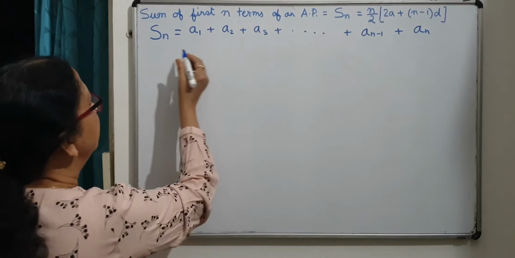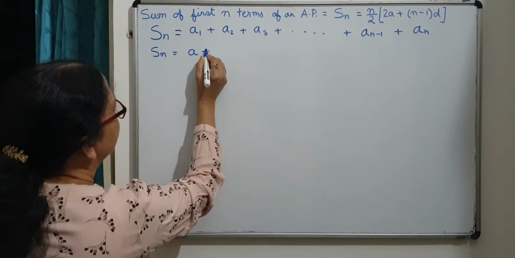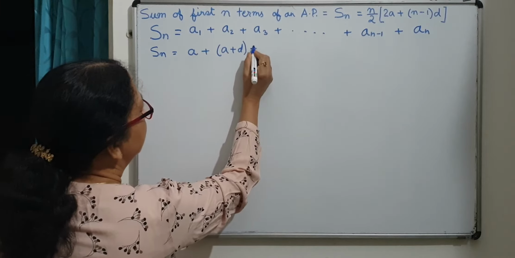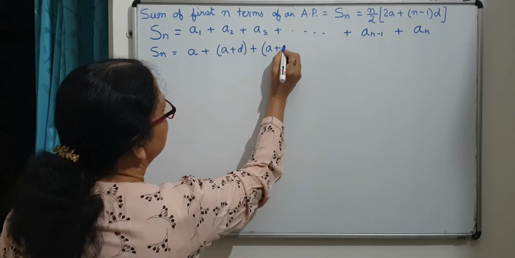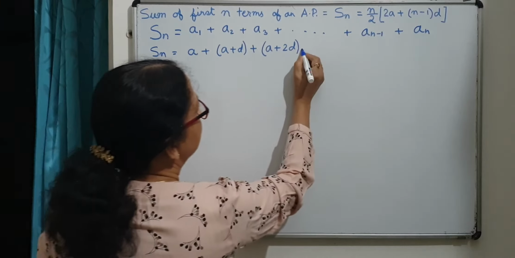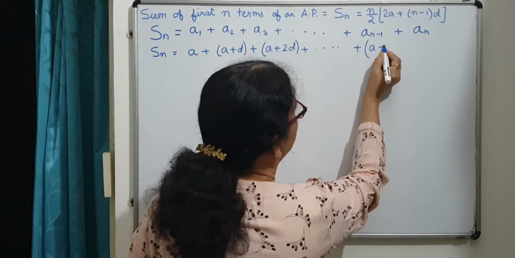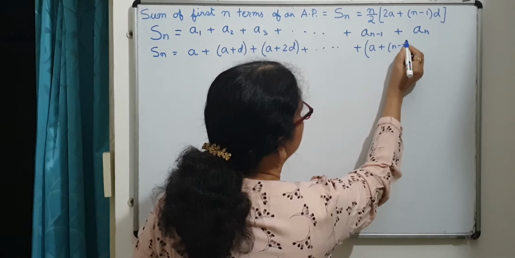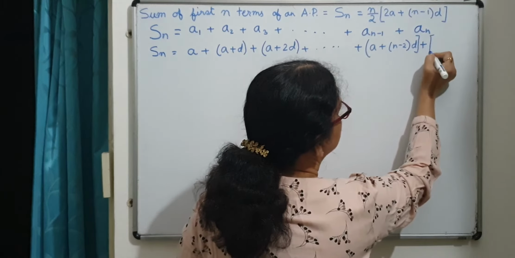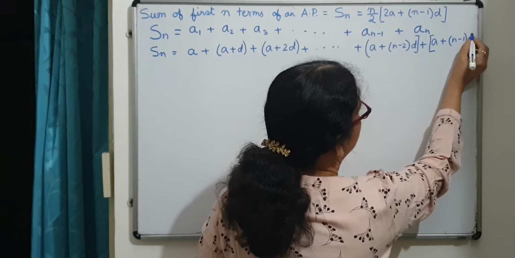So now if I write the terms in a and d, then Sn, first term is your a, second term, let me write in this way, a plus the common difference, third term a plus 2d, that is this plus d in this way, and this one will be a plus n minus 2 into d, and the last one a plus n minus 1 into d.